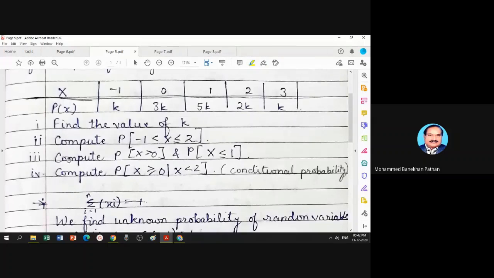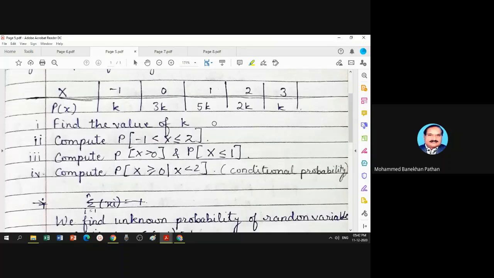Next, probability x greater than 0, and probability x less than or equal to 1. Fourth bit is to compute the probability x greater than or equal to 0, given, this vertical line is given, x less than 2. We'll try to see how such types of questions can be solved.